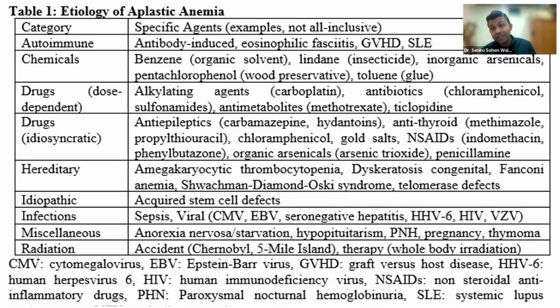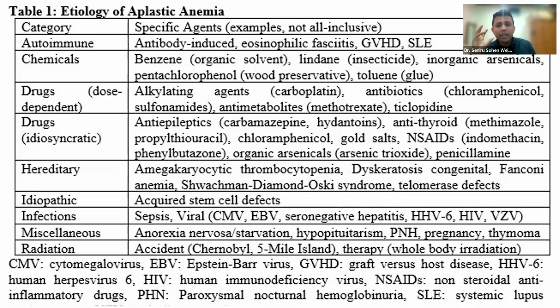So when you're treating patients with Graves' disease with carbimazole or methimazole, be very careful and warn them regarding this possibility of aplastic anemia, and ask them to come to a doctor as soon as they develop any fever, cough, or sore throat, to get a full blood count to see whether there is significant agranulocytosis or pancytopenia due to aplastic anemia from propylthiouracil or carbimazole. Other notorious drugs which cause idiosyncratic aplastic anemia are chloramphenicol and penicillamine.